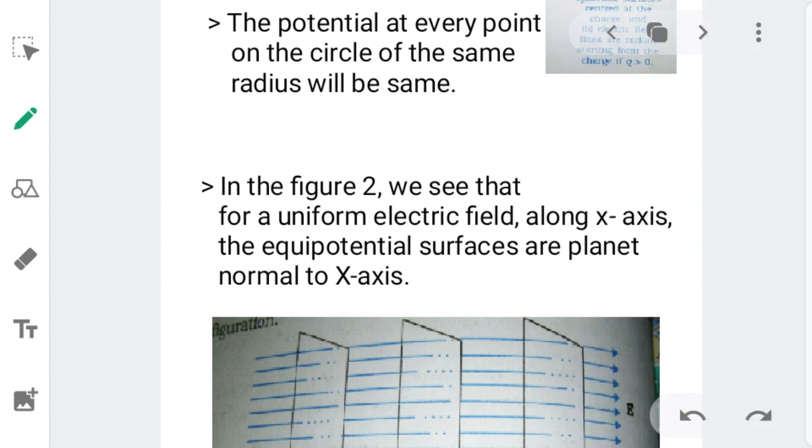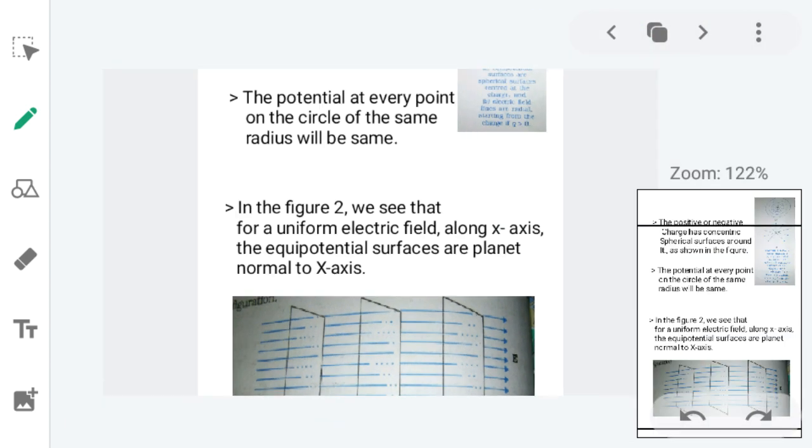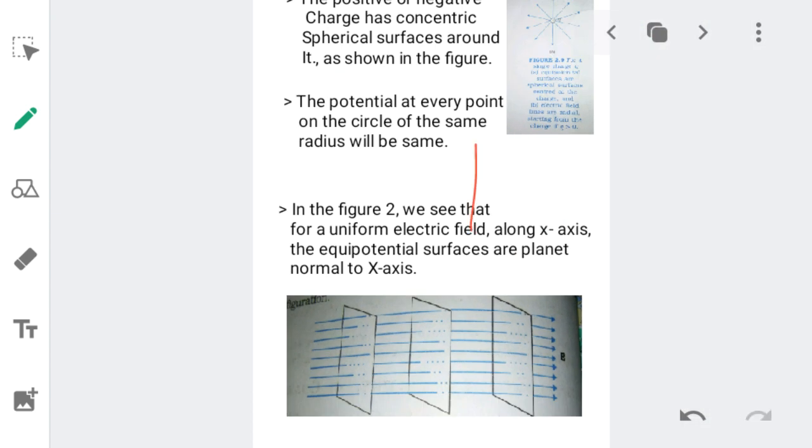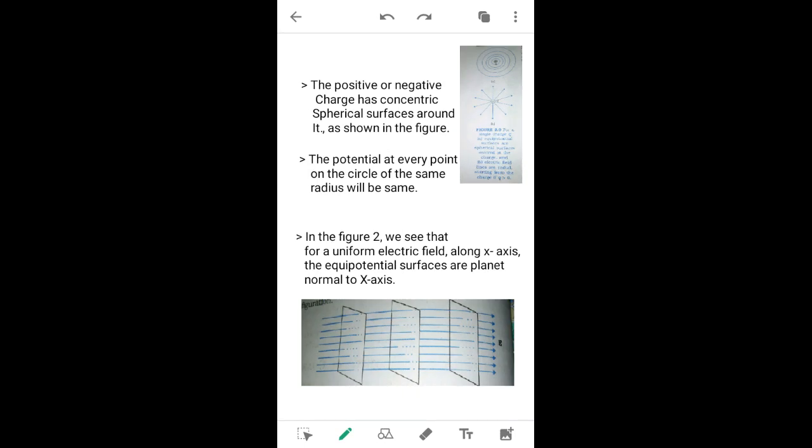So here are some of the surfaces which we will see. In the diagram you can see there is a positive charge here. From the positive charge the field lines will be moving outwards. Here I think you have studied in the last chapter.